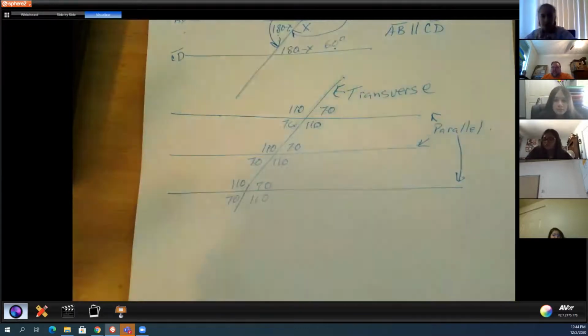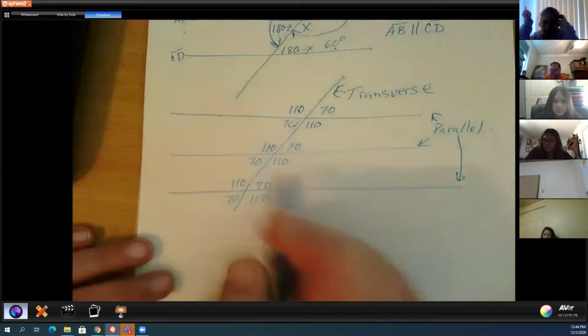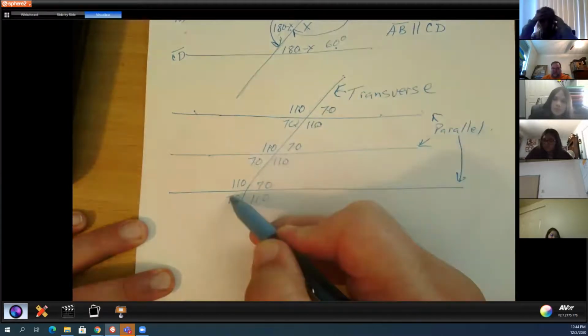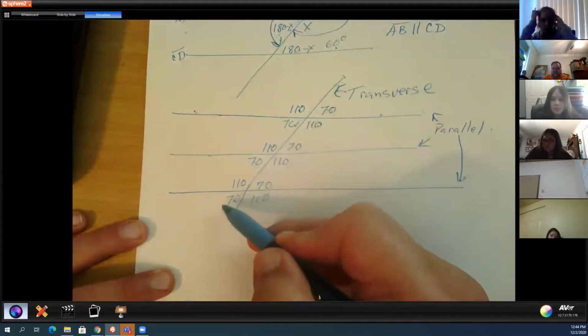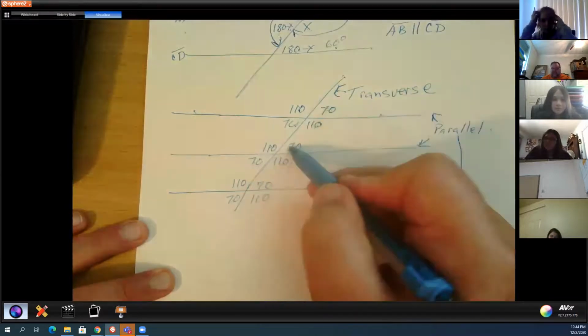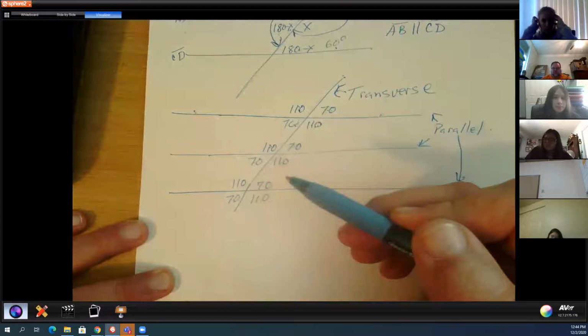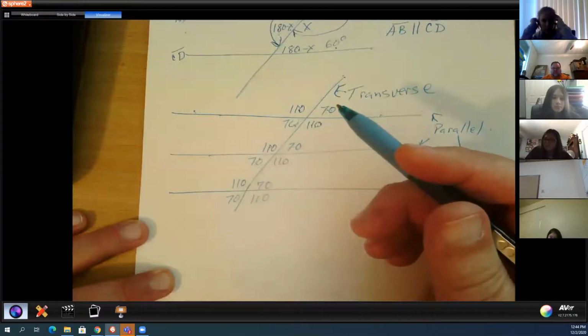Because a line doesn't just suddenly go, ooh, I hit that one at 60, but now I'm going to veer to the right just a little bit, now it's going to be 54. Because lines don't do that. Lines are completely straight. So if these are both parallel lines, when that transversal line comes through, it's going to cut at exactly the same angle on both of those lines.